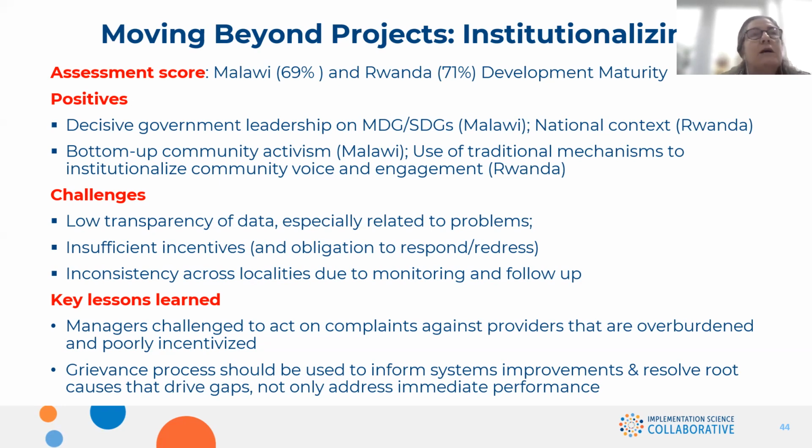When the government took it over, the sharing of data and information became less so, especially related to problems. There were also insufficient incentives and obligations to respond to redress. So complaints that came in weren't necessarily taken up, which then erodes trust in the system. And then there was inconsistency across the locations.